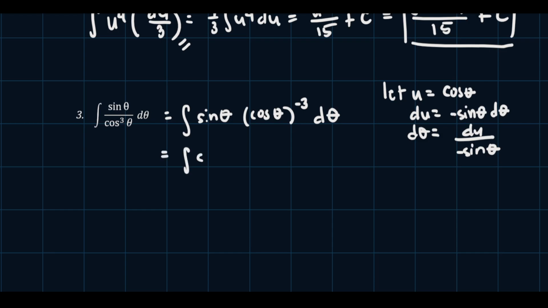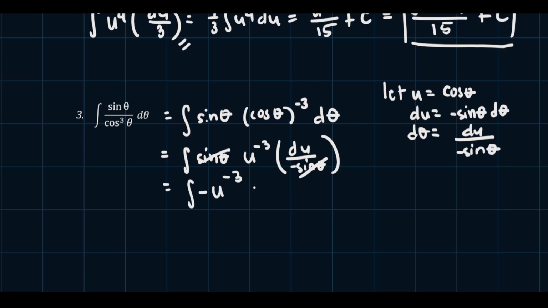So, we have the integral ng sine theta times u raised to negative 3. And then d theta is du over negative sine theta. So, these will cancel out. Pero may matitirang negative. So, negative u raised to negative 3 du.